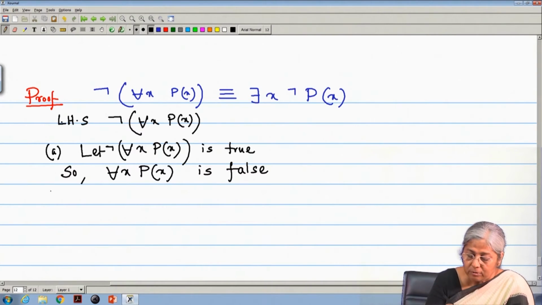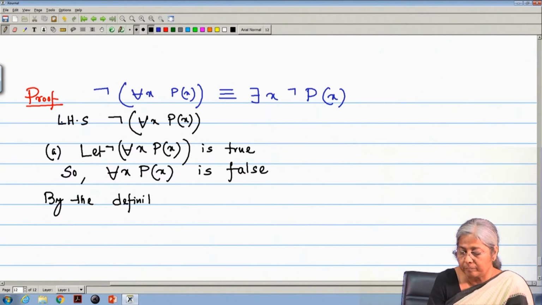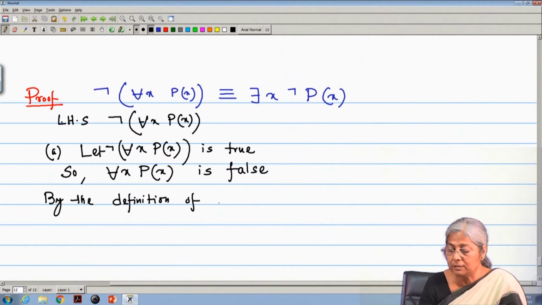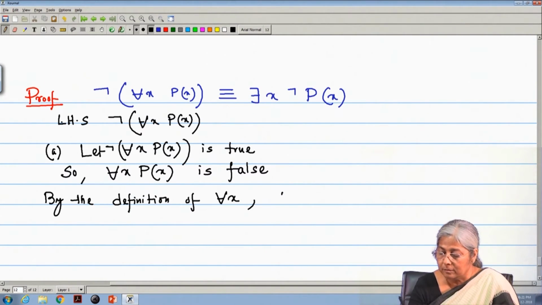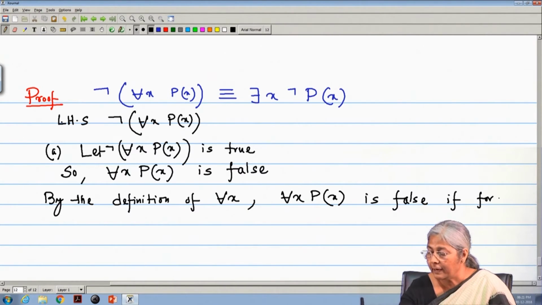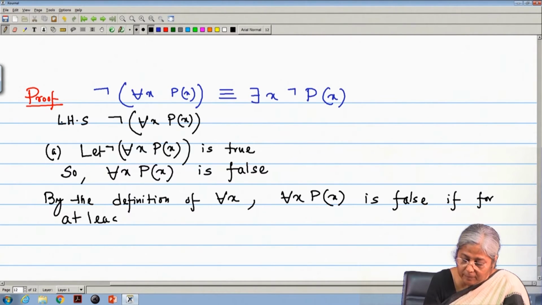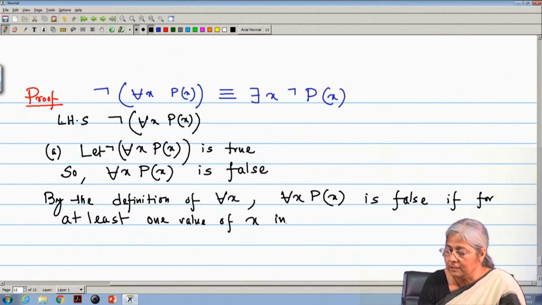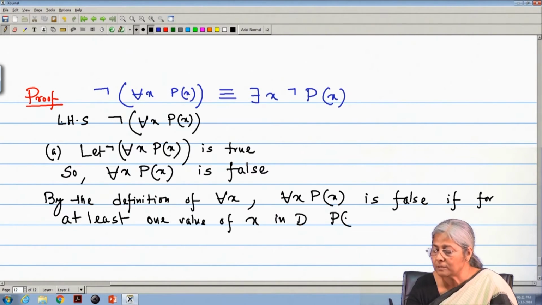Now, according to the basic definition of the universal quantifier for all x, the universally quantified statement is false if for at least one value of x in D, p x is false.